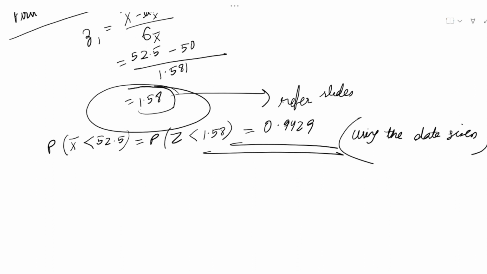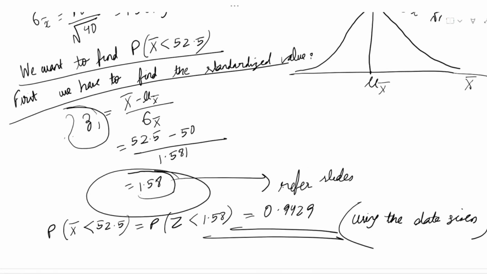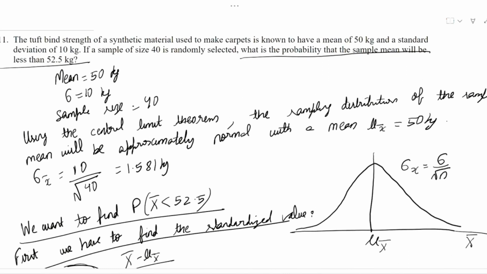So you just have to find the Z. In the 3-sigma control chart, we always assumed Z is equal to 3, but here we do not know the Z value, so we have to find the standardized value. This is the process followed. After we get the standard value, you can refer to the data given and find the probability. Okay, this was one kind of question. Now we will move on to the next question.